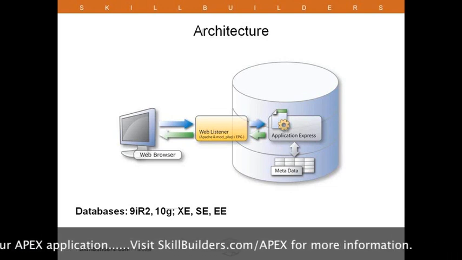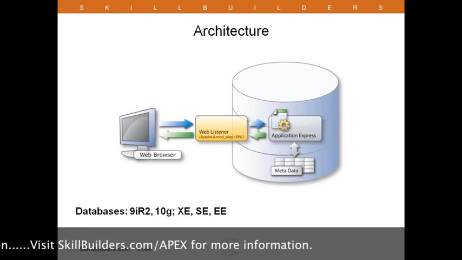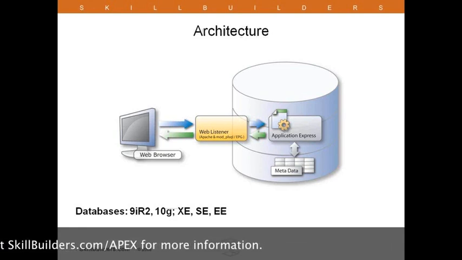Here we take a look at the overall architecture of Apex. And this is really three parts. On the left, we have the web browser. And on the right, a database. And in between the two, a web listener. Now, the exact configuration of that web listener can vary, but the overall result is the same.